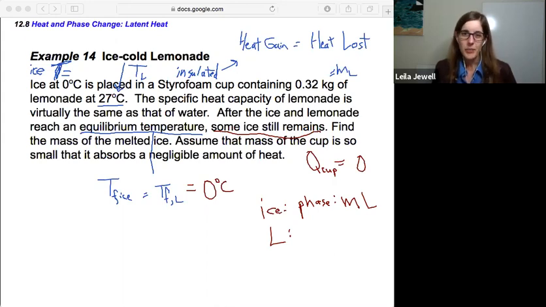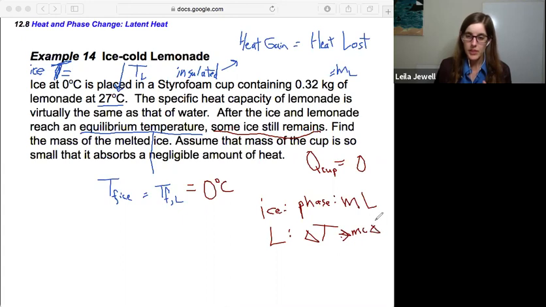Well, it doesn't say the lemonade starts to freeze. If anything, the lemonade's melting the ice. But the lemonade does change temperature. So because it has this delta T, we're going to use the mc delta T equation to describe its change in heat, or the heat flow related to the lemonade.